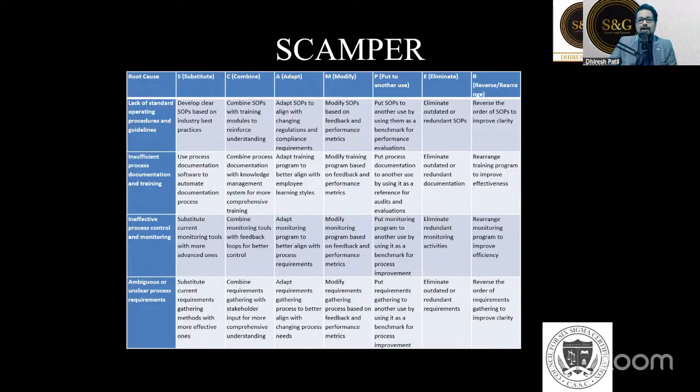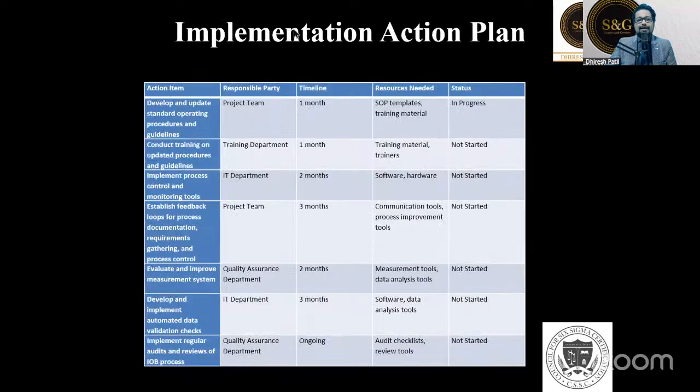Okay. Then the SCAMPER. SCAMPER is done in the improve phase, if you remember, just to identify the solutions for your root causes which are validated. So this was done. They have identified certain solutions to their problem, and then they made an implementation action plan.